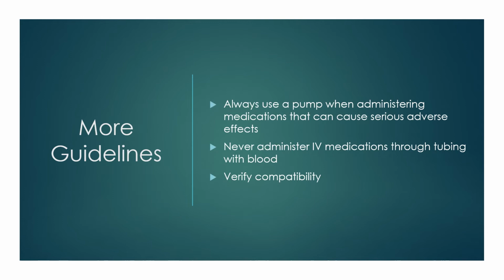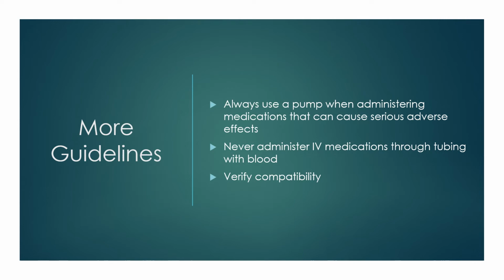One of the big things that we need to pay attention to when we're running a secondary medication is compatibility. Compatibility is all about what's going to happen when those fluids touch each other inside that tubing. By the time the medication gets to the blood, it's dispersed and it's gone.